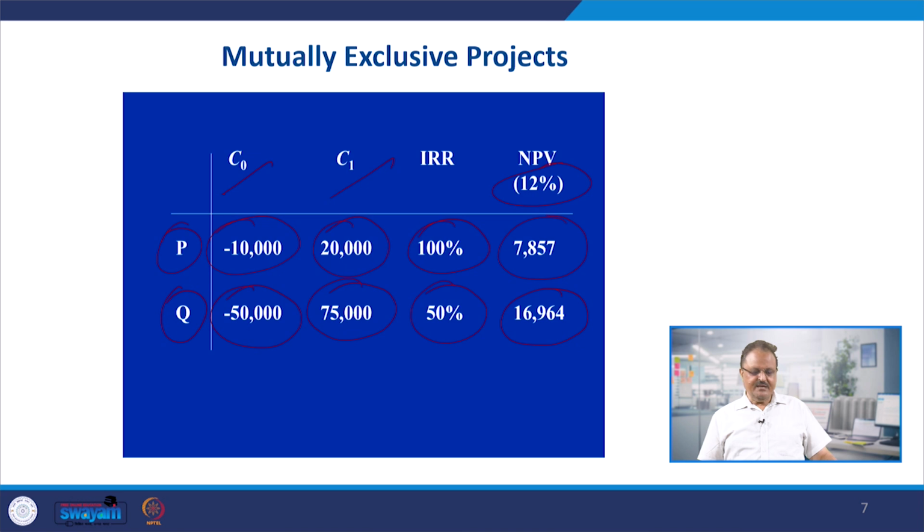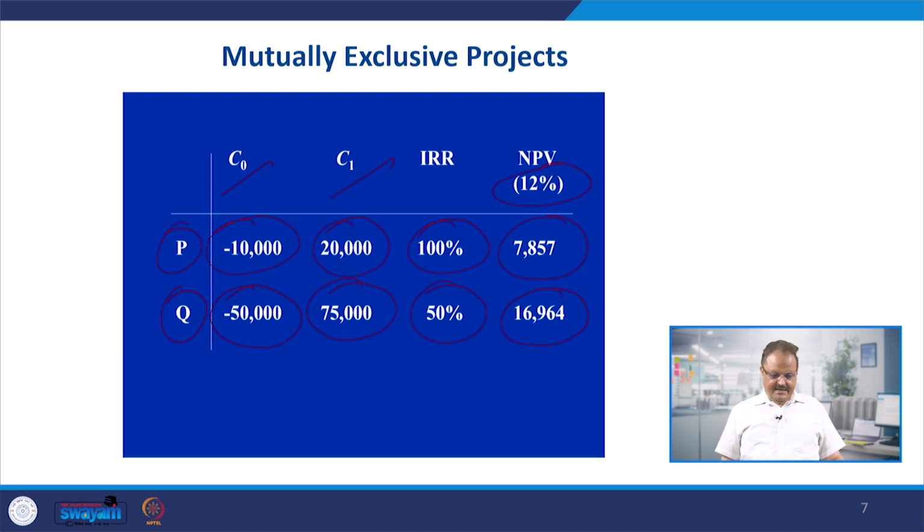So in mutually exclusive projects, where only one can be taken and you have to abandon the other, if you decide on the basis of percentage return, which is the internal rate of return, sometimes it can lead us to a wrong decision, because as per the NPV it will be different, and as per the IRR the decision would be different.